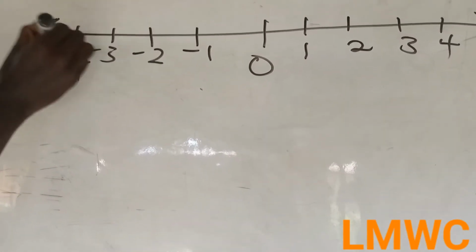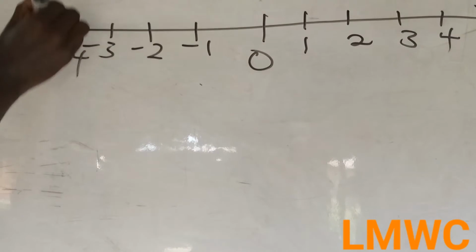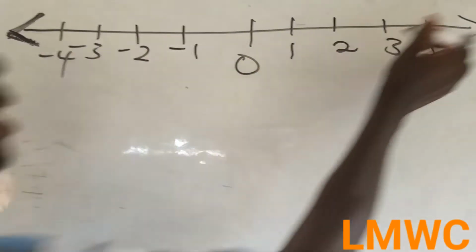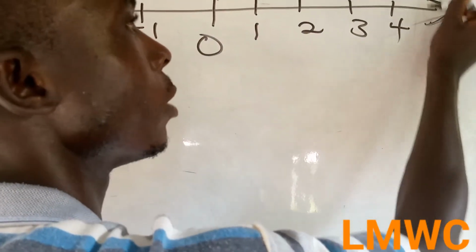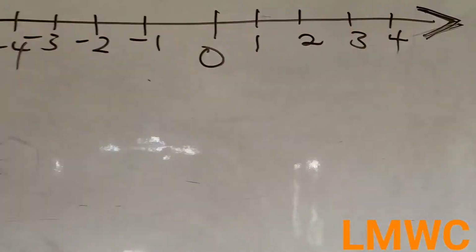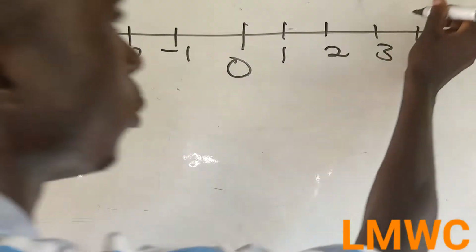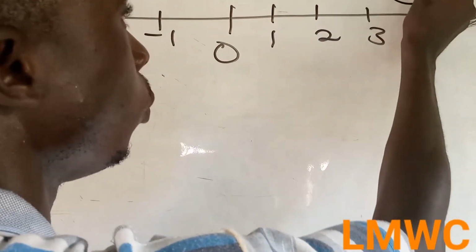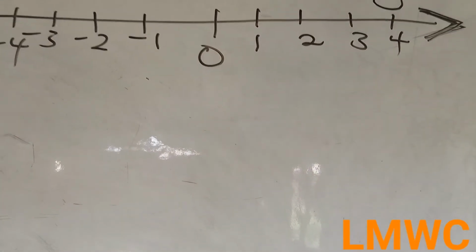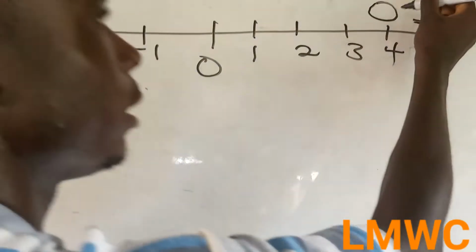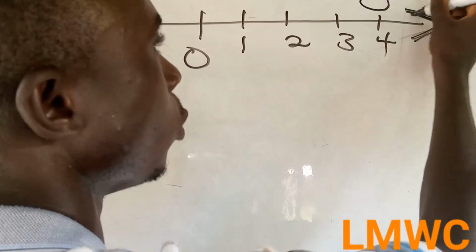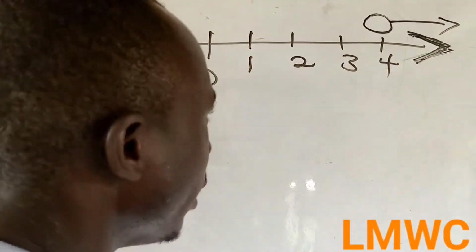This arrow is our less than, because it's a less than symbol. And this is our greater than. You see how greater than looks like. So x is greater than 4. You put your open circle on the 4. And greater than moves in this direction because this symbol is a greater than.